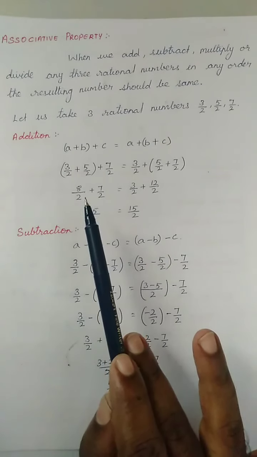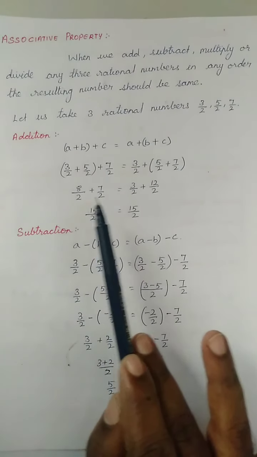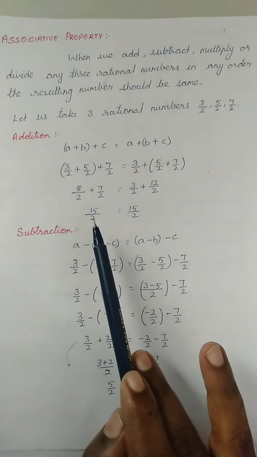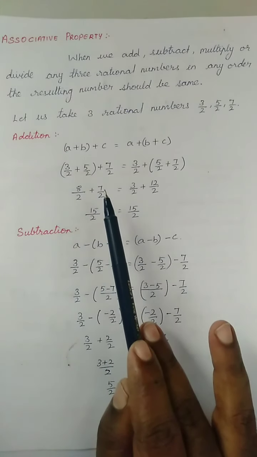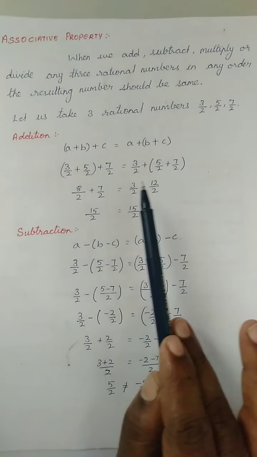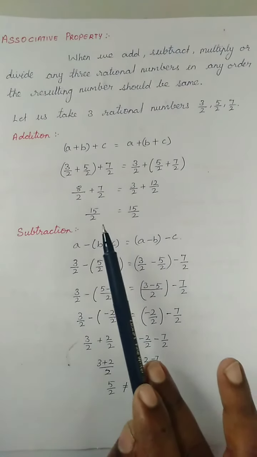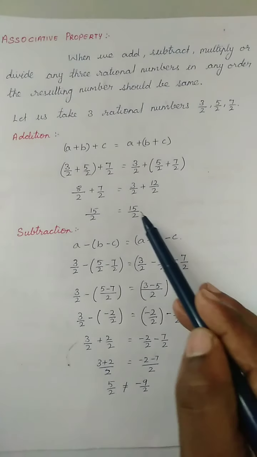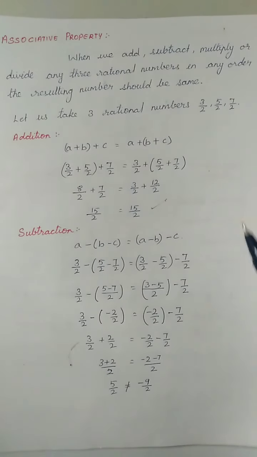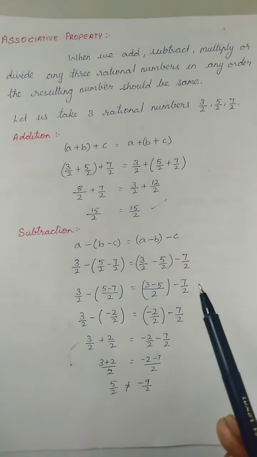Again, 8 by 2 plus 7 by 2, the denominators are the same, so write the same denominator and add the numerators. 8 plus 7 equals 15, 3 plus 12 equals 15. So 15 by 2 equals 15 by 2, which states that associative property for addition is true.